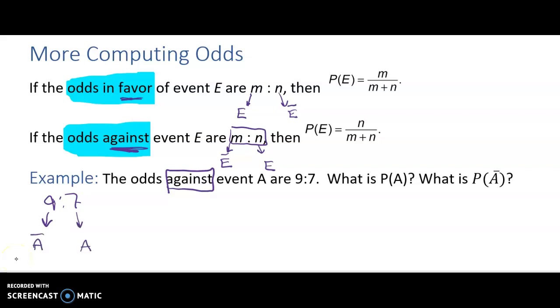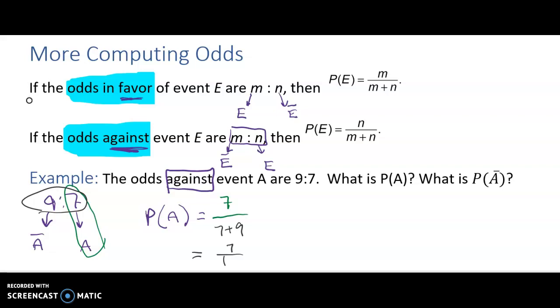The second number I see, 7, is associated with A happening. So when I'm trying to find the probability of A, I want the number associated with A happening to come first. So I will put 7 in my numerator. My denominator will be the total of the two numbers, 7 plus 9. So the probability of A is 7 over 16.